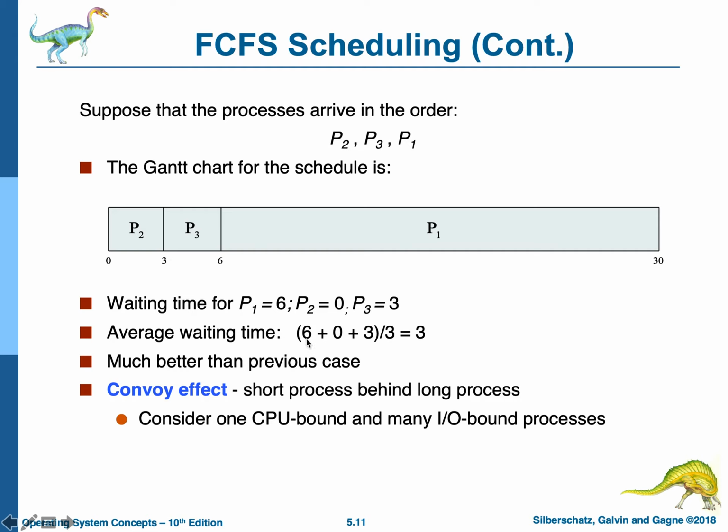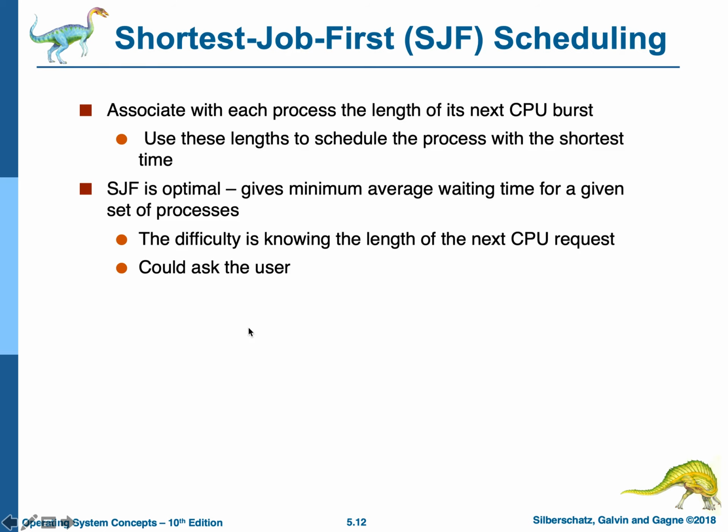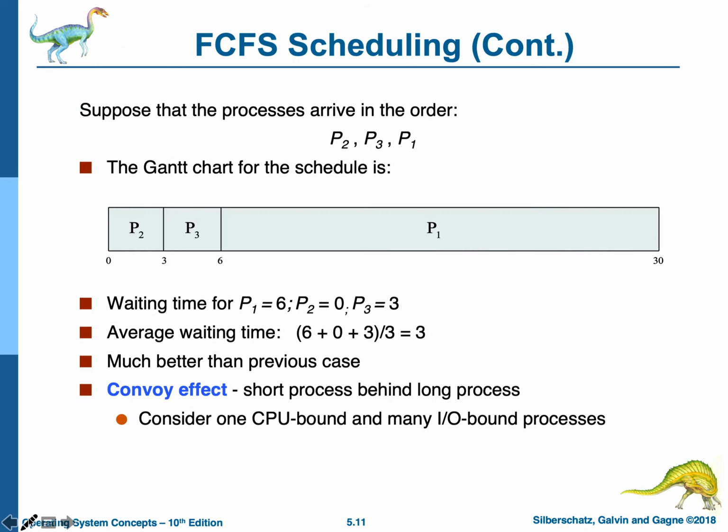What happens is that P2 has to wait 0 units of time, P3 has to wait for 3 units of time, while P1 has to wait 6 units of time, right?